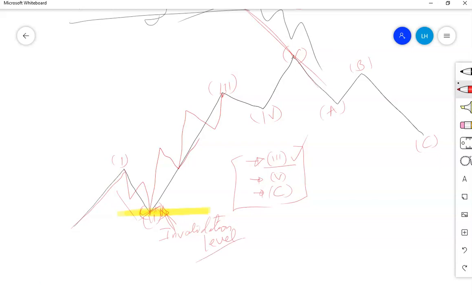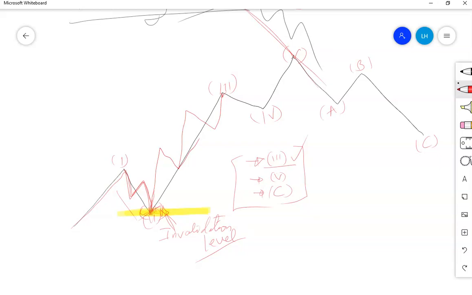Now, why do we call this an invalidation level? Because we have already identified that the correction has been completed. So now, if the market is going to make a correction within a third wave, the correction in a third wave will never exceed this level.